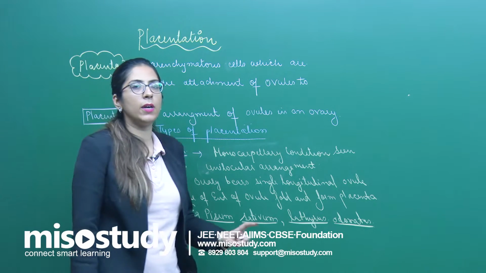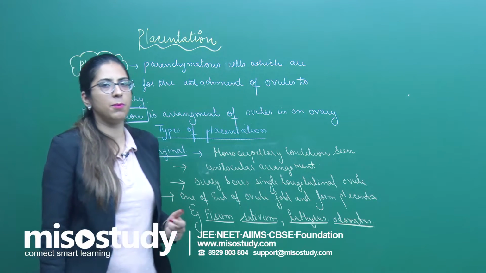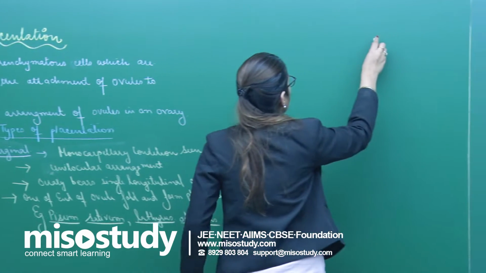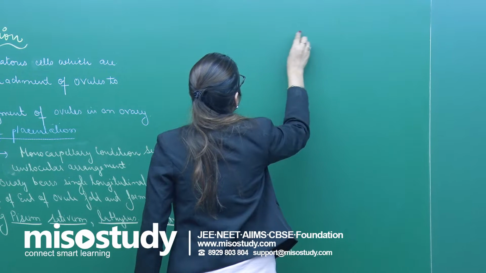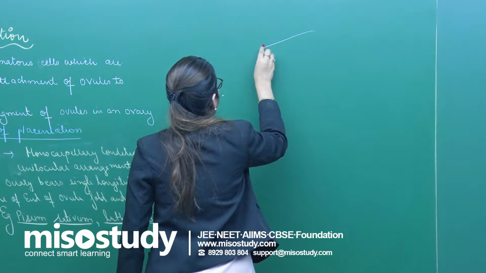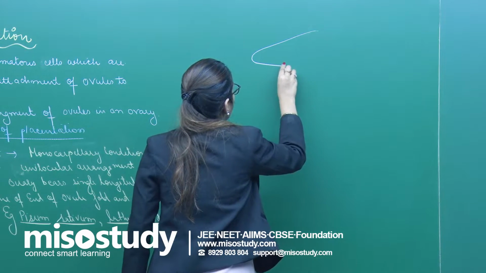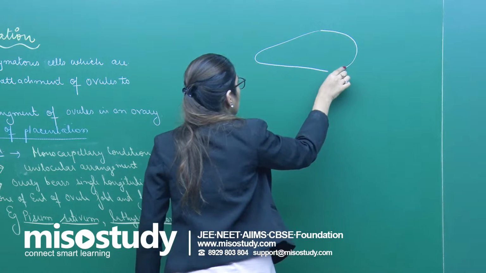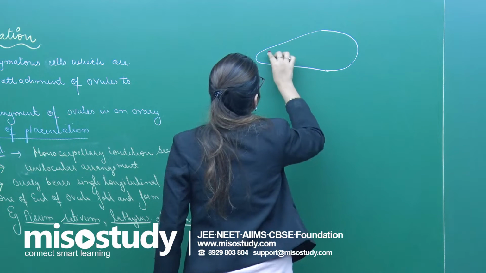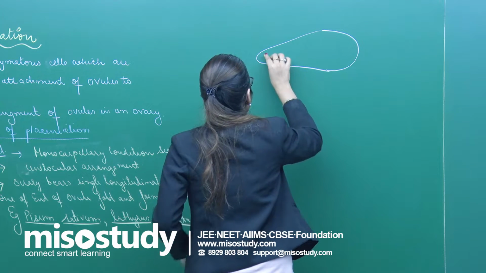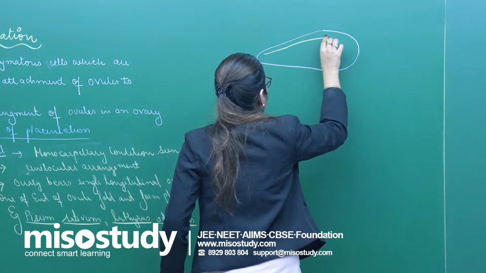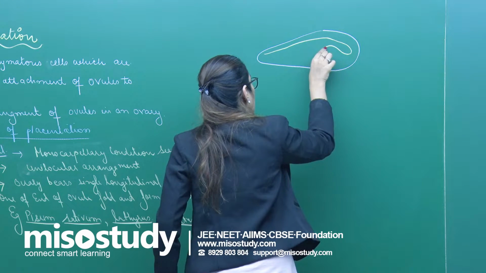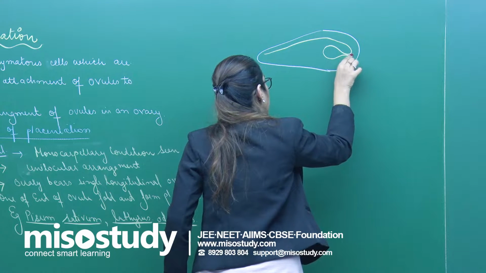Now let's see what this marginal type of placentation looks like. For that you have to come to this side. In this case, the ovules which are present, as I have discussed, form such a type of condition.